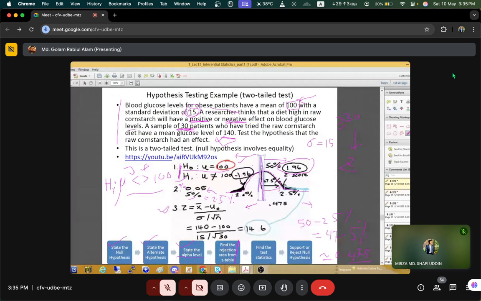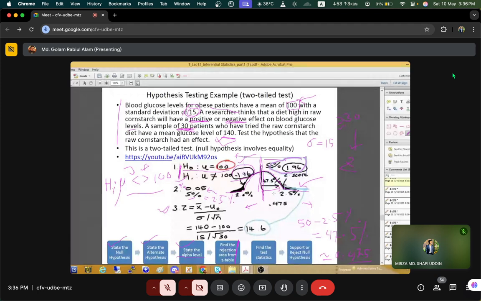Beyond that, those are our rejection zone. Beyond this value, those are our rejection zone. So that means the acceptance zone is within 1.96, and the rejection zone is beyond that.